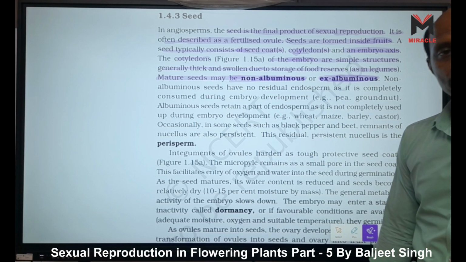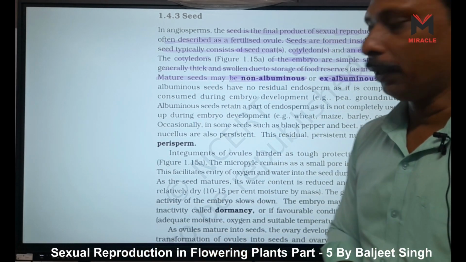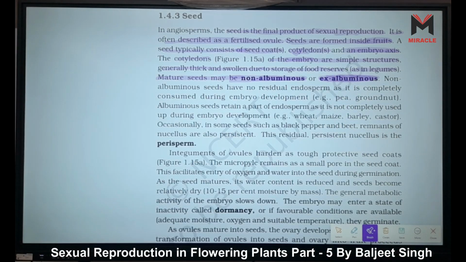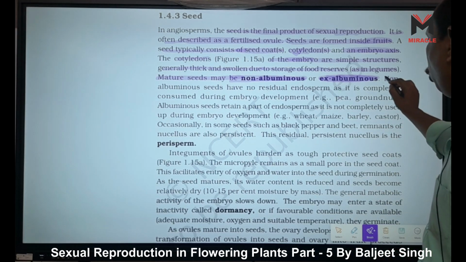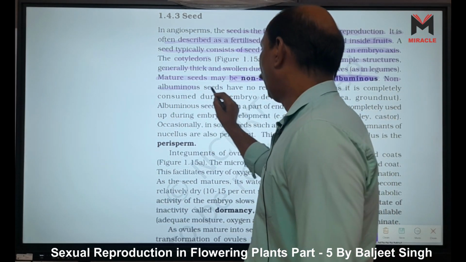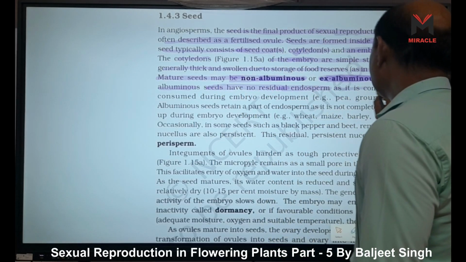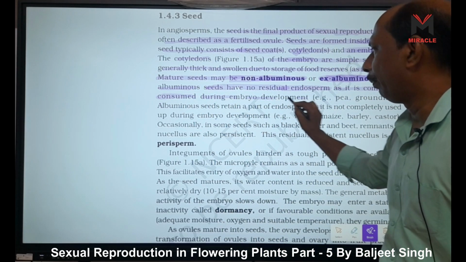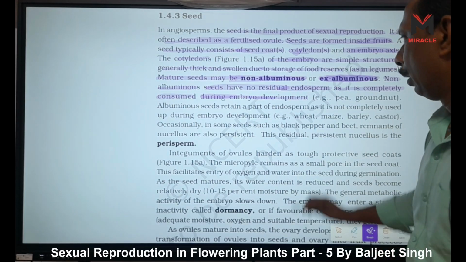Primarily they have endosperm, but because the embryo consumed the whole endosperm, it becomes ex-albuminous, right? Or we can also call it non-endospermic seeds. Non-albuminous seeds have no residual endosperm, as it is completely consumed during embryo development. It is totally consumed, that means no endosperm is present.